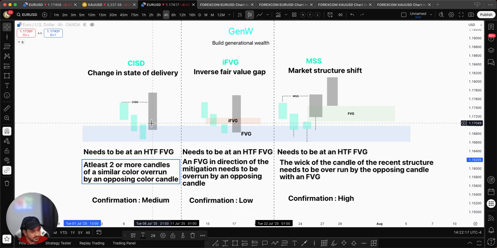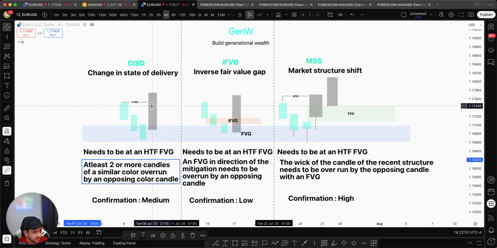It works sometimes when you have high conviction and there's a potentially high probability setup, but in general, as a thumb rule, it has to have at least two candles of a similar color overrun by an opposing colored candle. The key point to notice is that we want the body of this candle to close above the body. That's why I haven't made any wicks in these candles. In this infographic you don't see any wicks, because this entry model has to do only with the bodies.